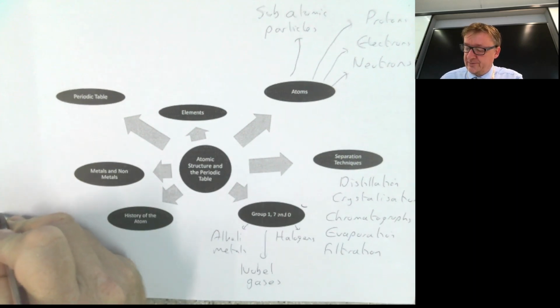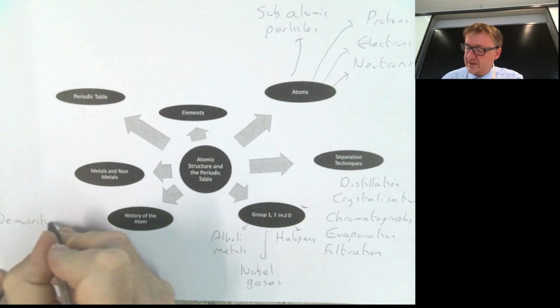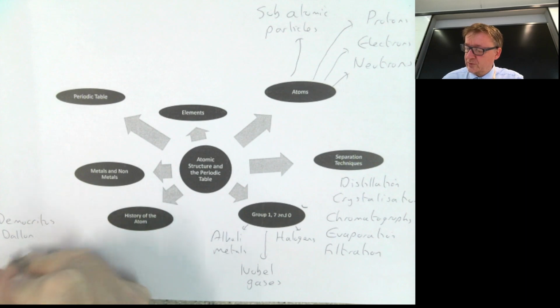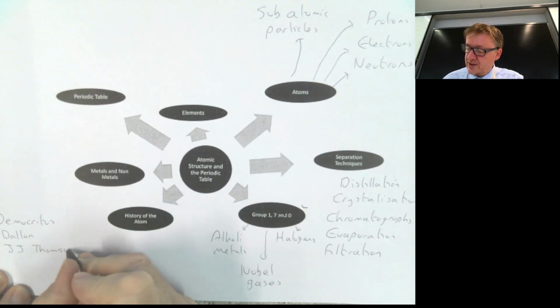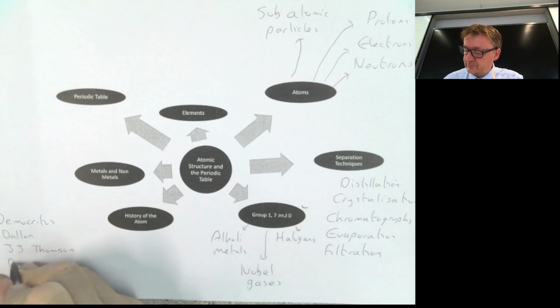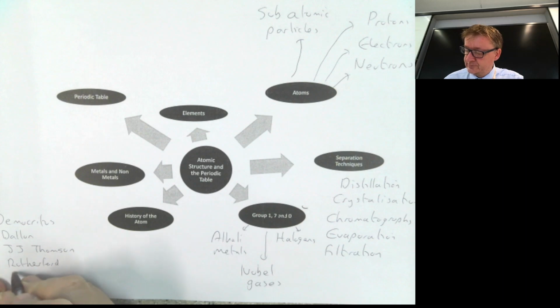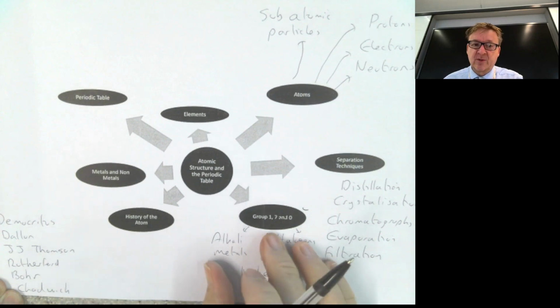History of the atom. There's really 6 people: Democritus, Dalton, J.J. Thomson, Rutherford, Bohr, and Chadwick.